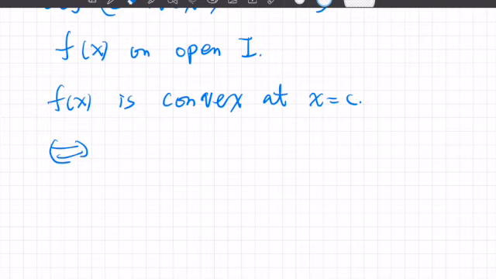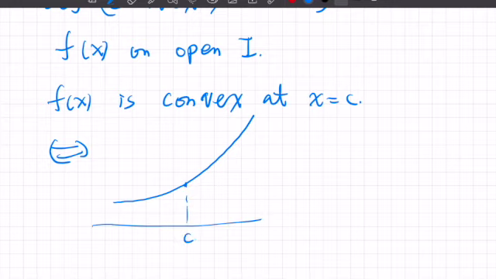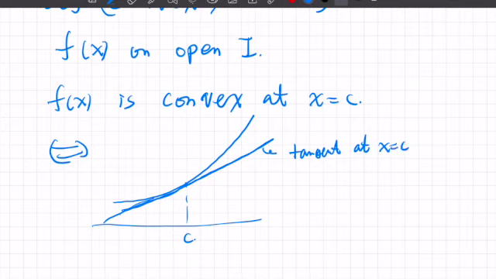this happens, okay, if we draw a graph of f, and this is point c, let's say, and if you draw the tangent line at c, it will be like this. Okay, so tangent at x equal to c.